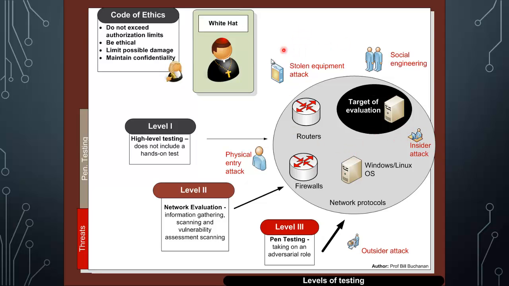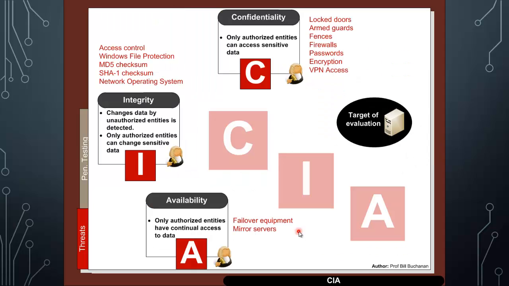So some of the things that might happen is social engineering, contacting staff in the organisation, asking them for the passwords, their logins, asking for sensitive information, stolen equipment attack, so the tester could actually steal equipment, a physical attack into the system, an outsider attack, or even an insider attack. So there are many different levels of testing. Normally at each stage we get approval to move to the next stage.